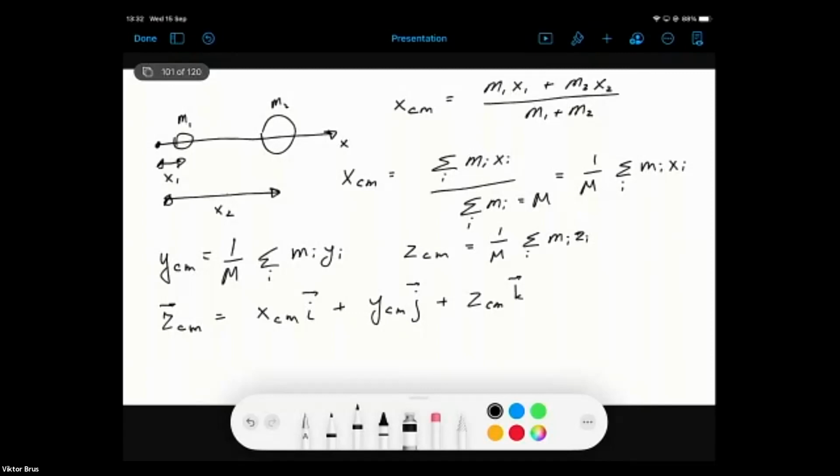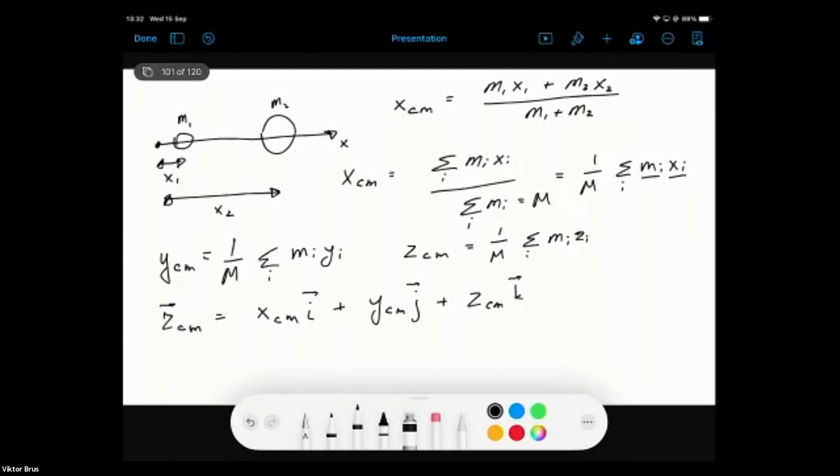So when we have defined bodies and a defined position for each given body with mass m_i. However, there is also a possible scenario when we have some continuous body of arbitrary shape.